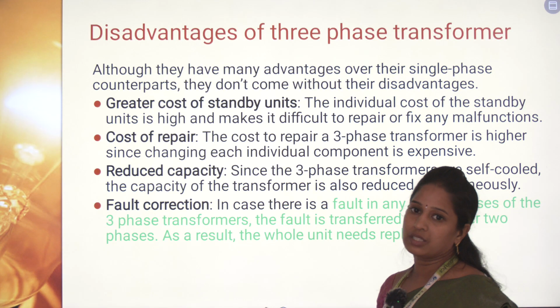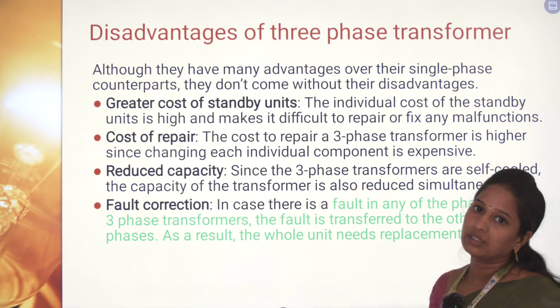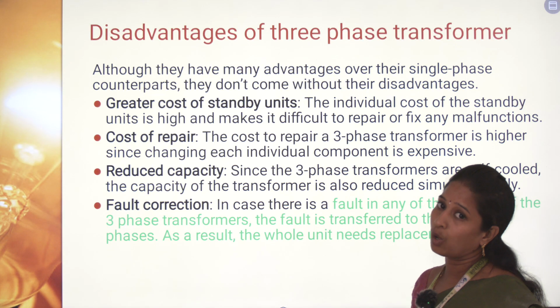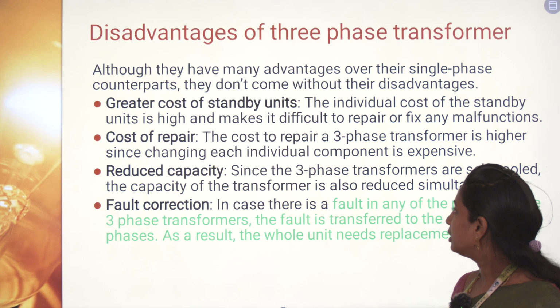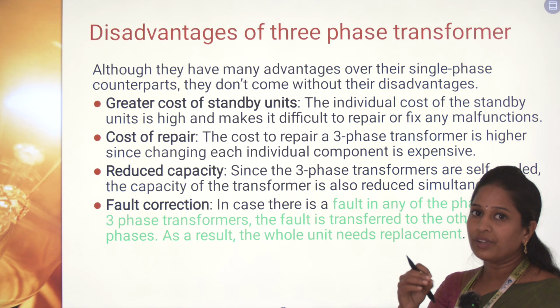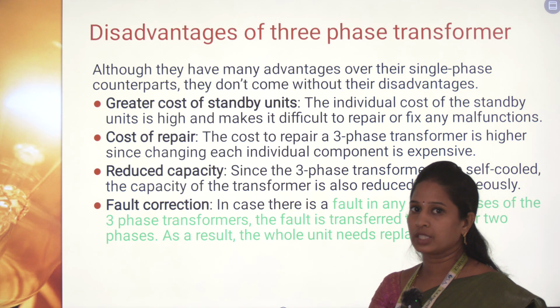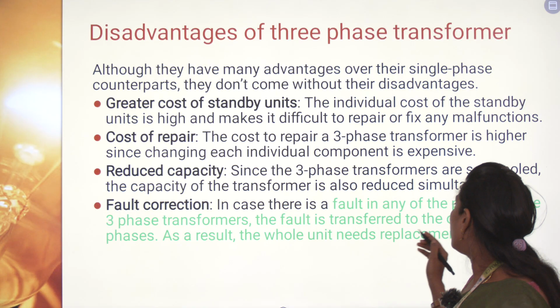Reduced capacity: since three-phase transformers are self-cooled, the capacity of the transformer is also reduced. Fault correction: if there is a fault in any phase, it will affect the other two phases, and as a result the whole circuit needs to be replaced.